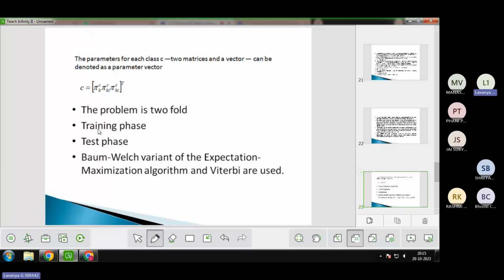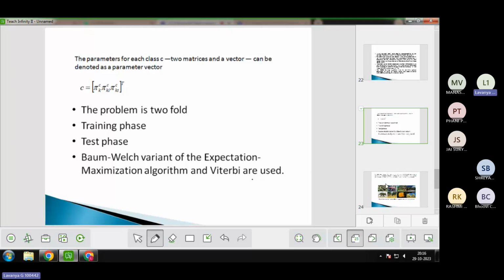You have two phases, one is the training phase and the other is the test phase. Finally, the Baum-Welch variant of the expectation maximization algorithm and Viterbi are used. I illustrated Viterbi for you. I did not do EM, expectation maximization, for you. For expectation maximization, the forward phase and backward phase, ready-made algorithms are available. You can just run your picture on those algorithms.